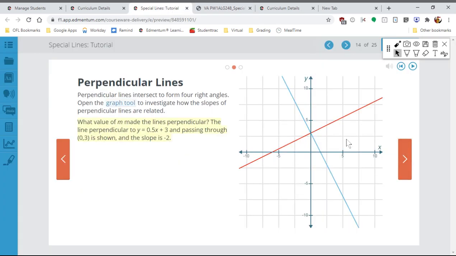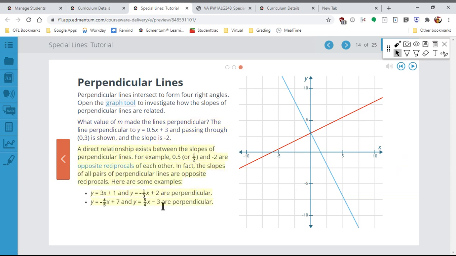So let's take a look here. If we look at this, they're saying that the slope of a perpendicular line would be -2. So that's where we're going to learn about flipping this fraction over. So you can see here they have this 3 perpendicular. Well, 3 is the same thing as 3 over 1, so it's 1 over 3, and they make it negative.